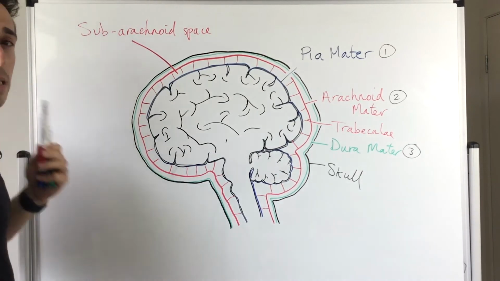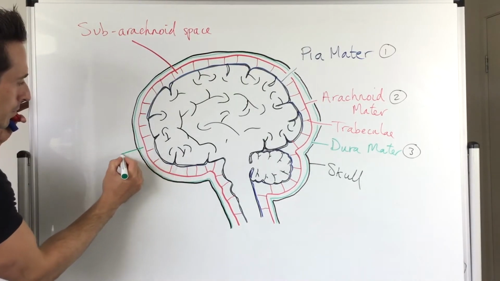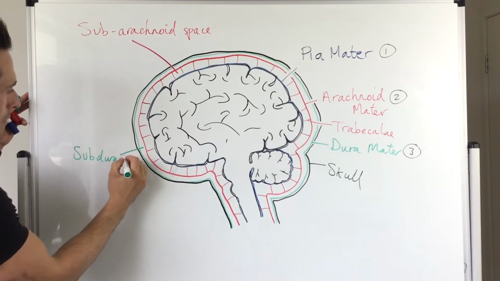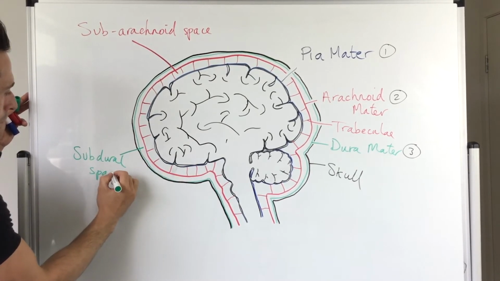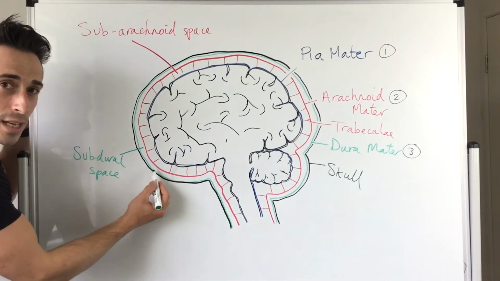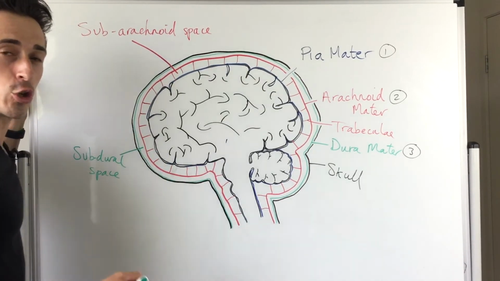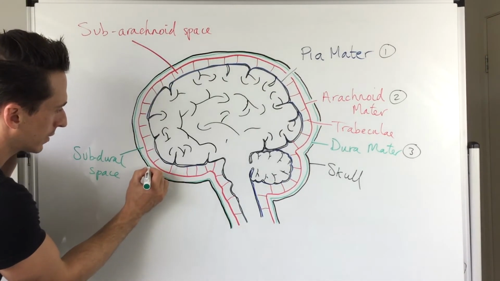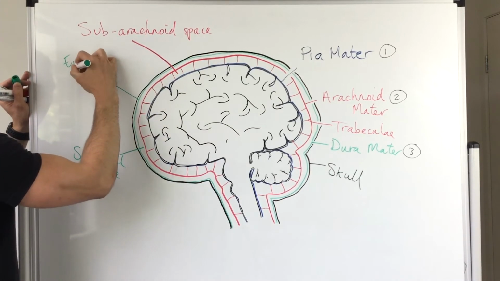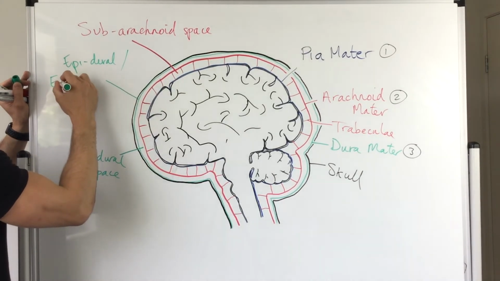This is what we call the subdural space. Subdural. And then there's a space between the dura and the skull itself, which is called the epidural or extradural space. Let's do it here. Epidural or extradural space.